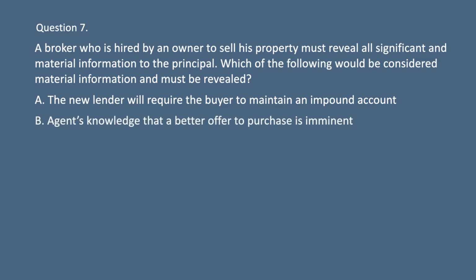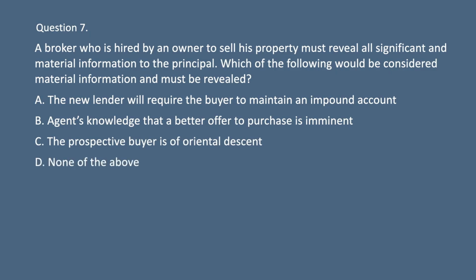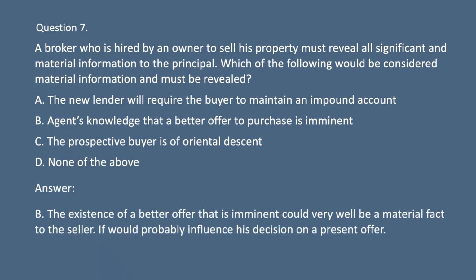B. Agent's knowledge that a better offer to purchase is imminent. C. The prospective buyer is of Oriental descent. D. None of the above. Answer B. The existence of a better offer that is imminent could very well be a material fact to the seller. It would probably influence his decision on a present offer.